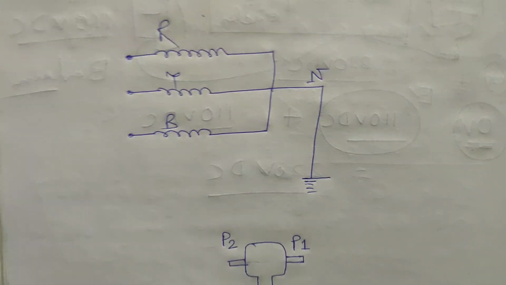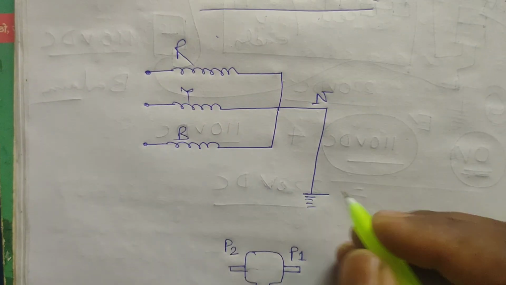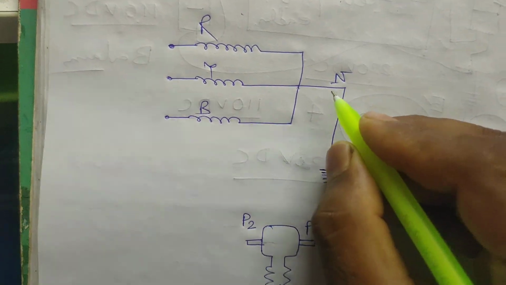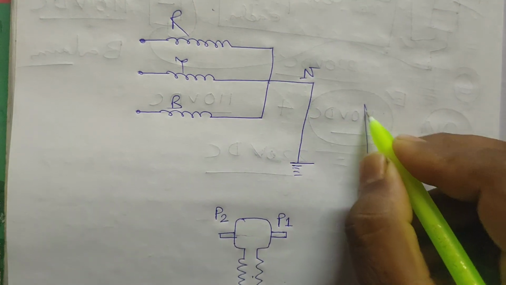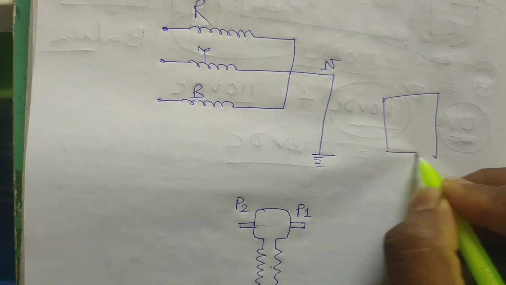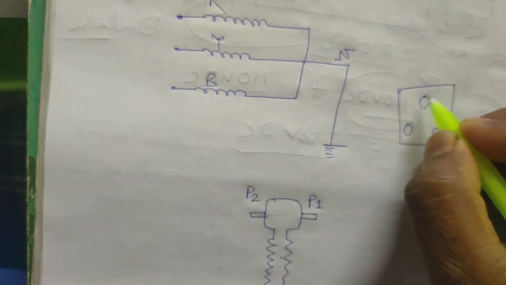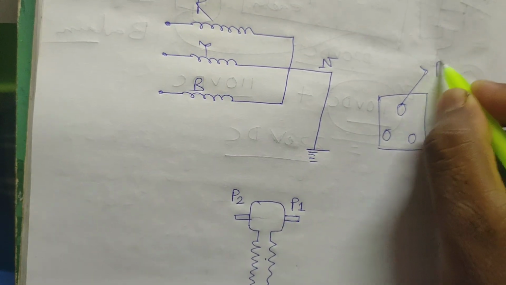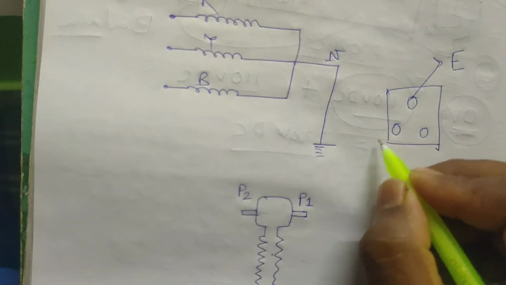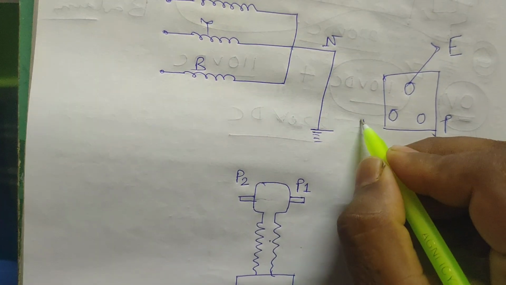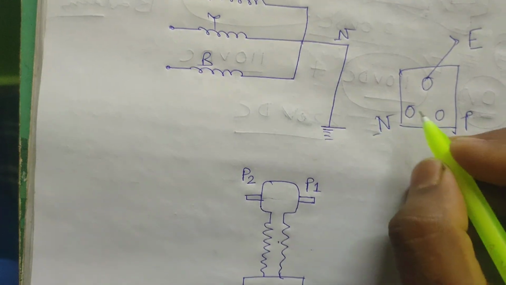If you want to measure the voltage between the neutral point and the earth point, say on a socket, this is the earth point, this is the phase, and this is the neutral point.